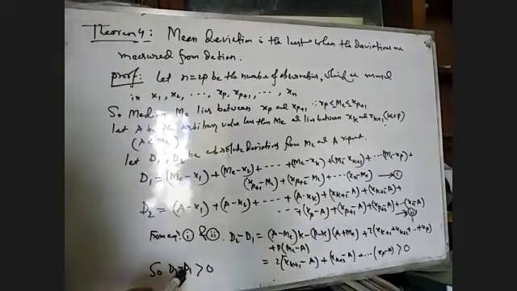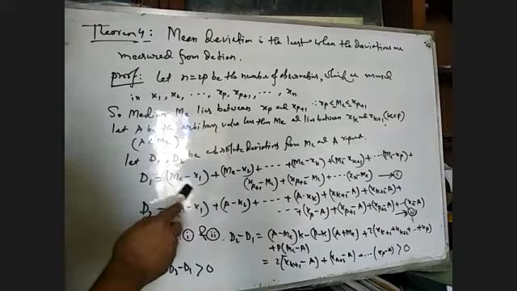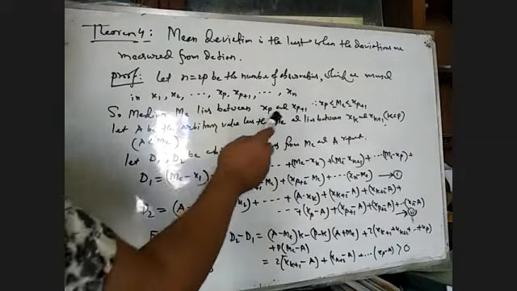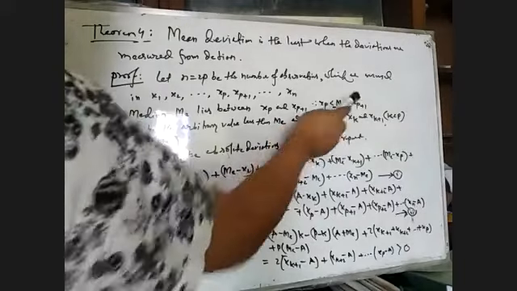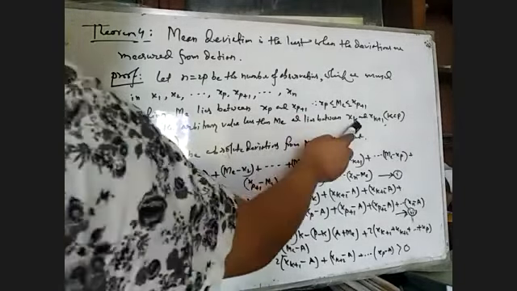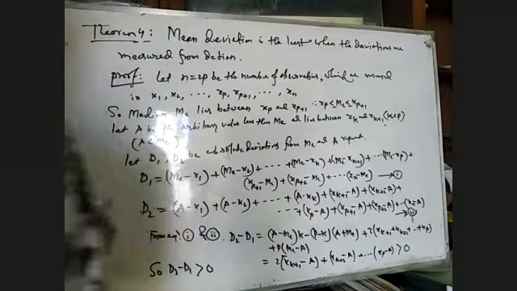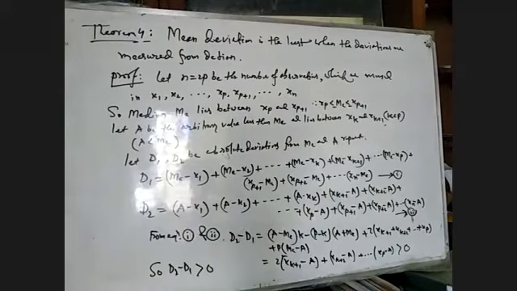So d2 minus d1 is positive. So the mean deviation is the least when the deviation is measured from the median, where the median lies between x_p and x_{p+1}, and the arbitrary assumed value lies between x_k and x_{k+1}. Very easy, but you have to practice.